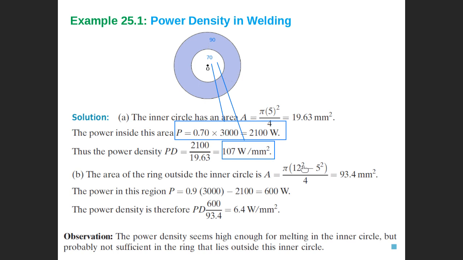The area of the ring is the difference between the areas of 12 and 5. And the power is 90% minus 70%, which is only 600 watt. Then you get the power density: 600 divided by the area of the ring.